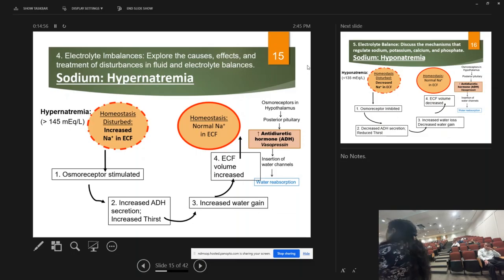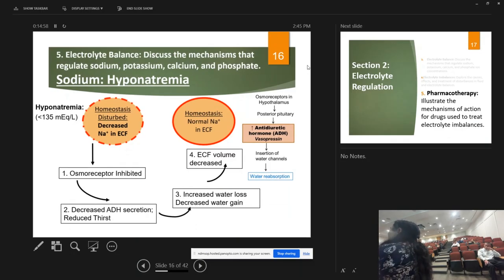Okay. The opposite will happen if there is hyponatremia, means decreased sodium. Right now, you don't want to further dilute it, so you actually inhibit the osmoreceptor. So no more insertion of the water channel, so no more thirst, so your sodium level increases.